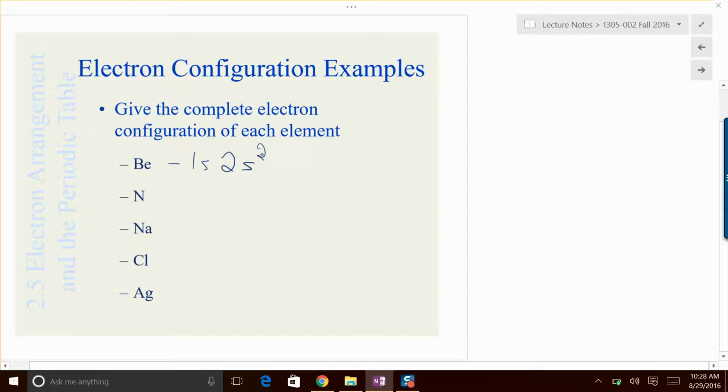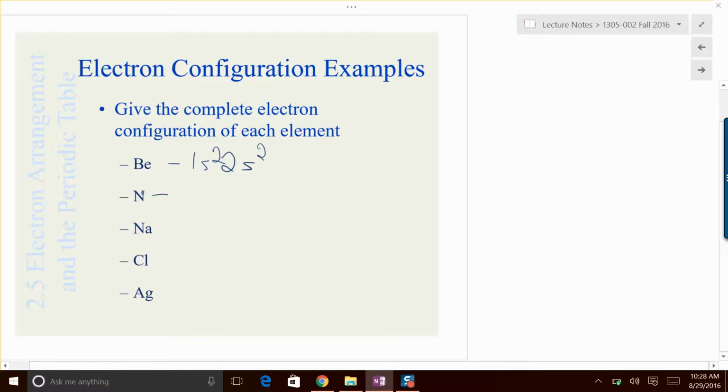So I first write out all of the principal and subenergy levels that I have, and then for the very last element, I write its actual position, where it resides. Here, beryllium is 2s2, and then I'll go back and fill everything in. All s's hold how many electrons? 2. 1s2, 2s2 is the electron configuration of beryllium.